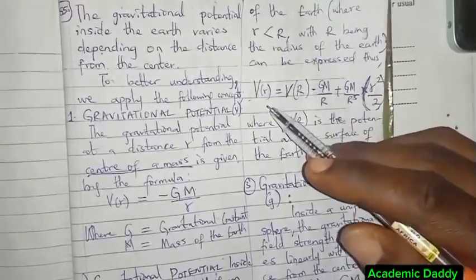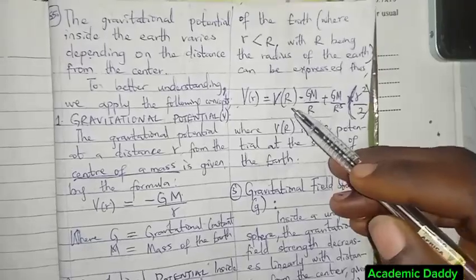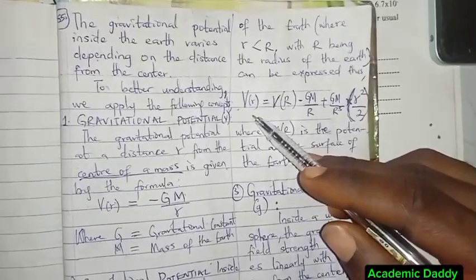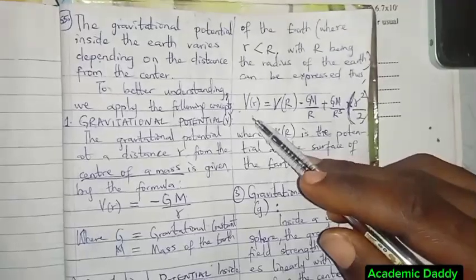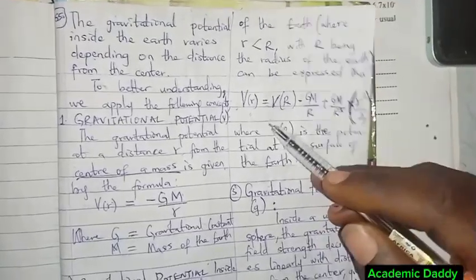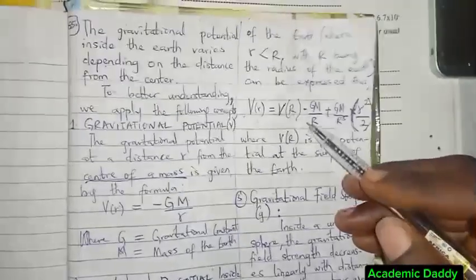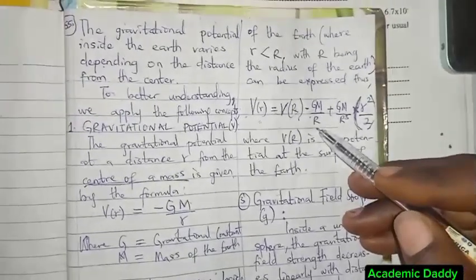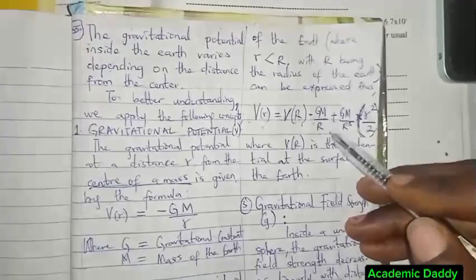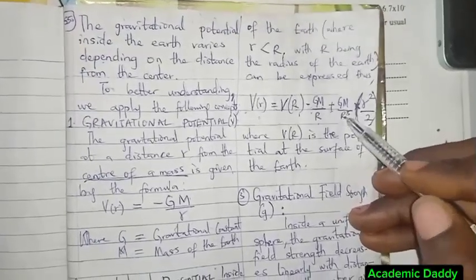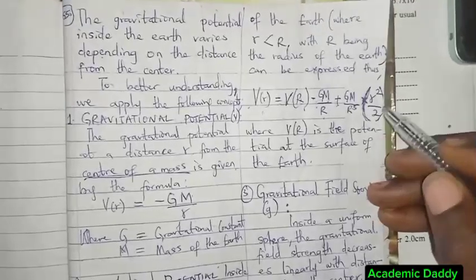V(r), that is gravitational potential at a distance from the center, is equal to the gravitational potential at the surface of Earth minus GM over R, that is radius, then plus GM over R cube, multiplied by r square all over 2.